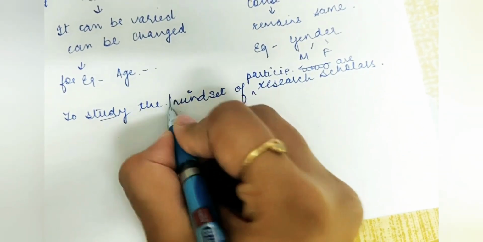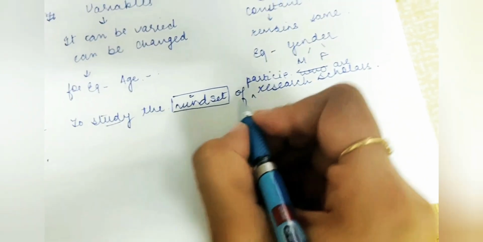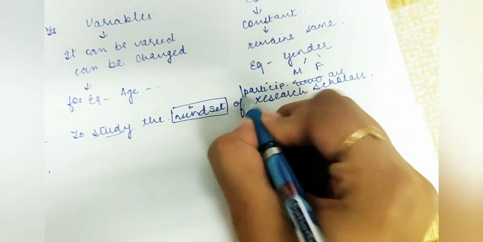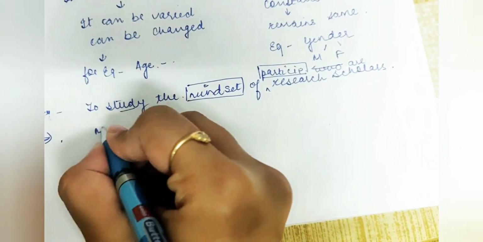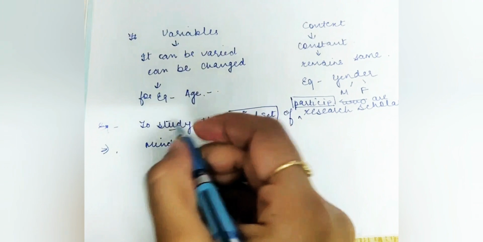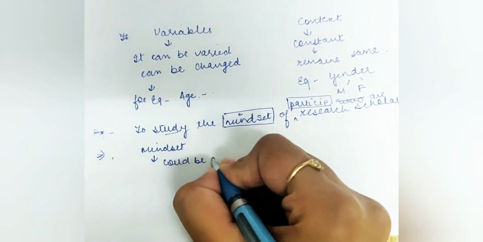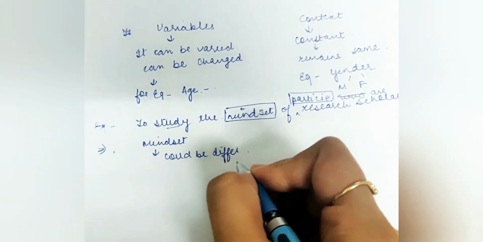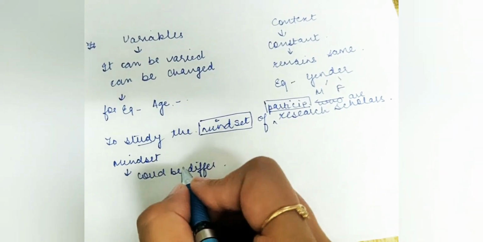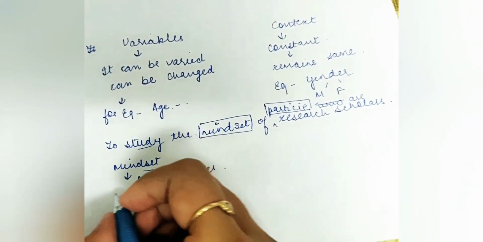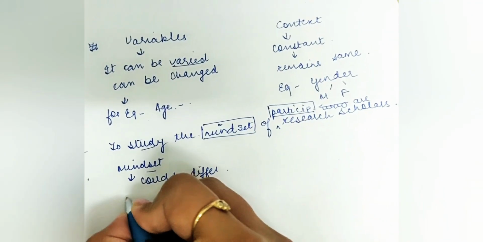What is the mindset? Mindset is one variable and the other variable will be participants. Now, mindset could differ from person to person. Obviously, every research scholar or participant does not have the same mindset. So what differs is our variable.